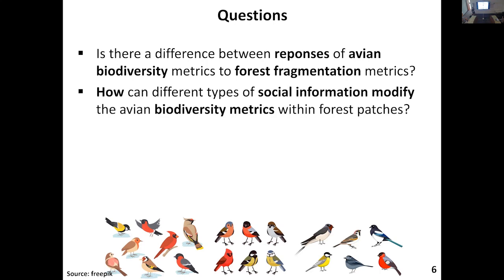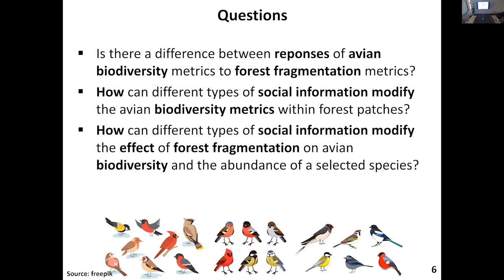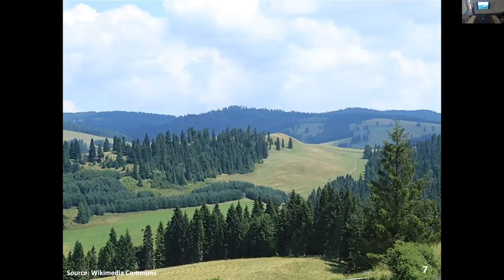And the last question was kind of combining both of those together: how can different types of social information modify the effect of forest fragmentation on avian biodiversity? So for that, we set up our experimental design, where we selected 150 forest patches.